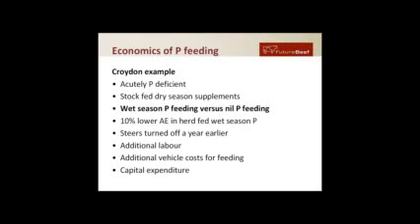So just to give you an example that Bill had, if we're looking at a property, and in this particular case, he was looking at 2 mobs from the same property where stock were fed dry season supplements in both cases, and one group was fed a wet season phosphorus supplement and the other group wasn't.